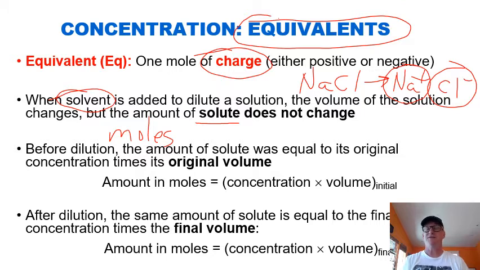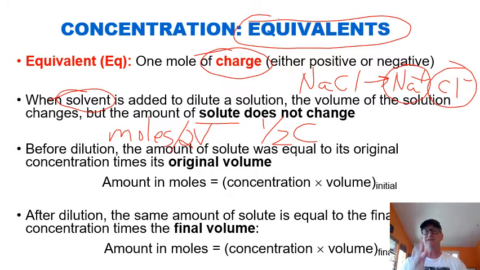So the number of moles of solute stays the same, and the only thing that changes is the volume. When we dilute something by 2 times, we increase the volume by 2. So if I put a 2 here, then my concentration is now 1/2 of what it was originally.